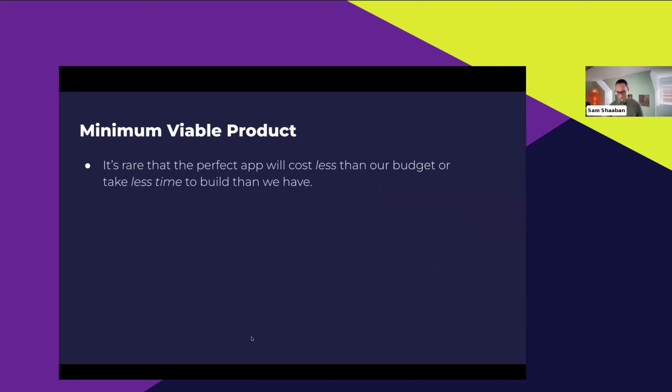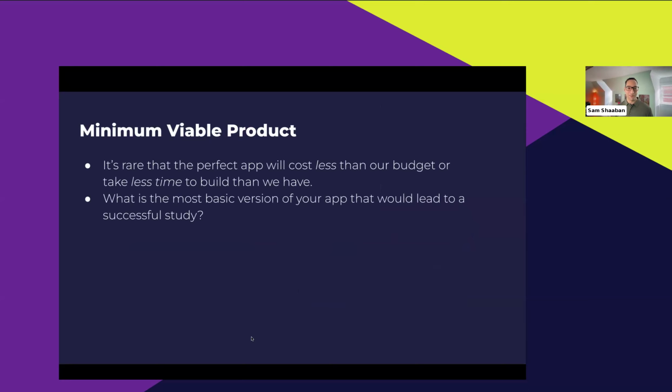In fact, it's pretty common that the opposite is true. So a really nice thought process to use here is, what is the most basic version that you can build of this thing that would lead to a successful study, such that you do the very minimum of things that need to be done, in a way that you've done each really, really well?